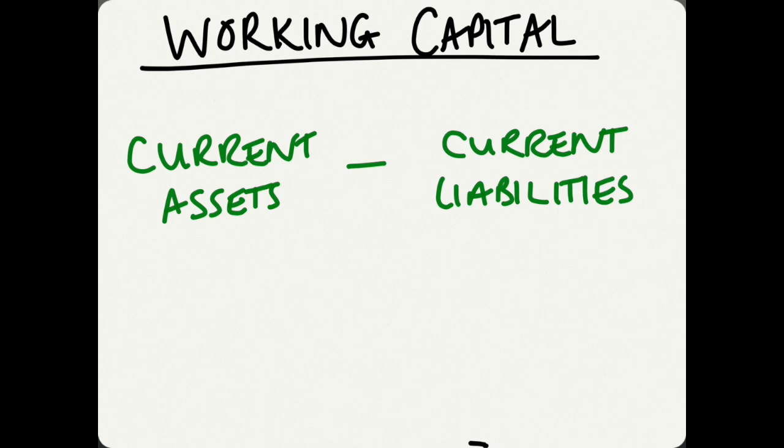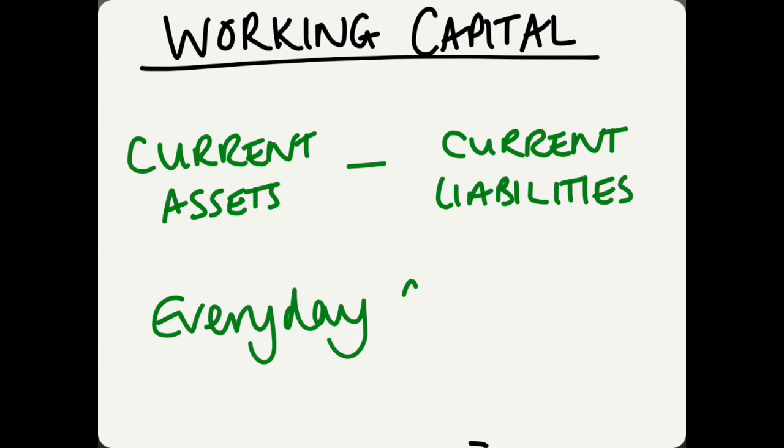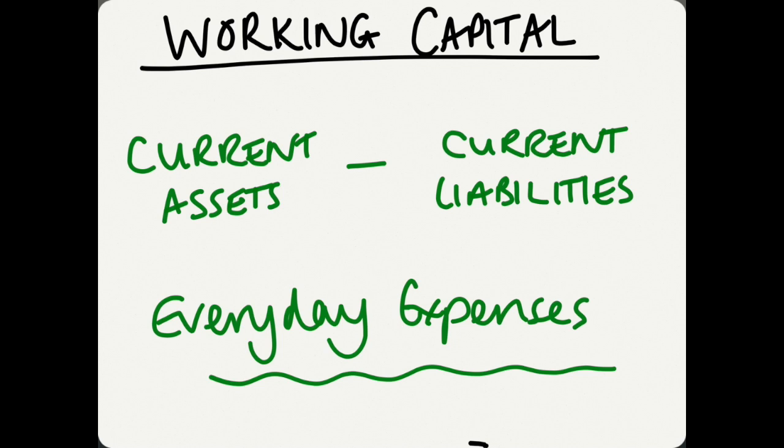It's called working capital because it's money that is available for use on a day-to-day basis, so for a business to be able to cover its everyday expenses. It's really important to a business to be able to pay its bills, pay its suppliers and things like that. Otherwise, it will start to have cash flow problems.